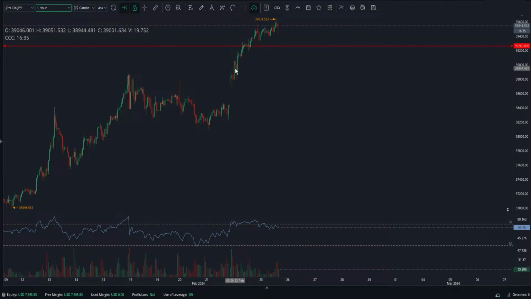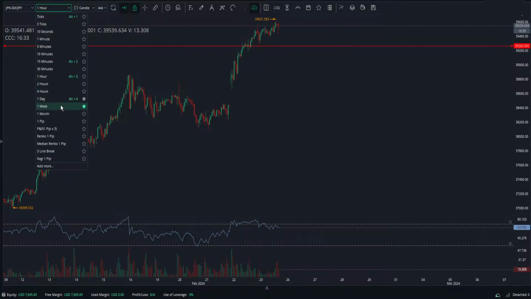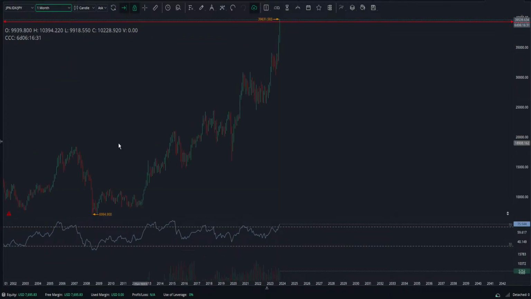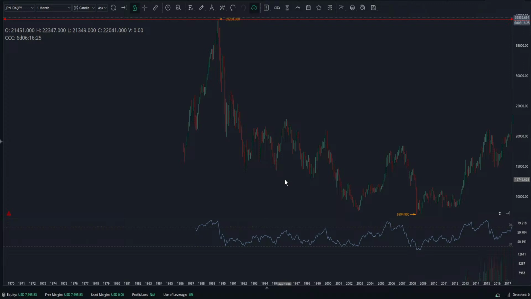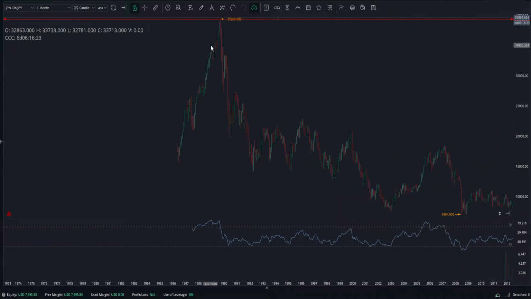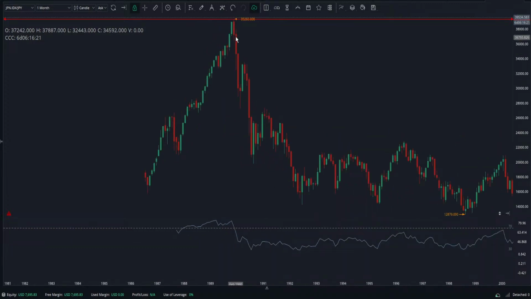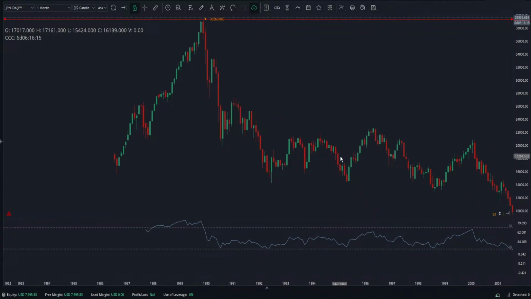Look down to the 90s. Yeah, the 90s I told you. Last time when the price went here, the policy got changed and this is what happened. So it took out the highs of the 90s.